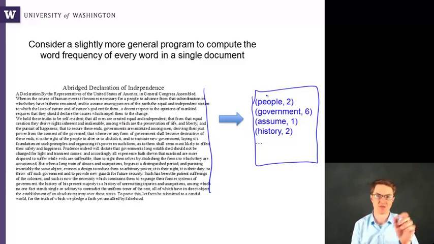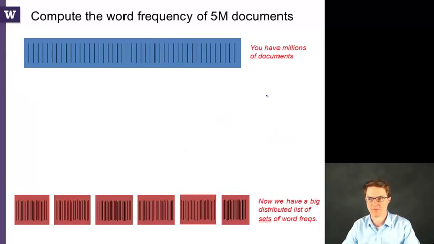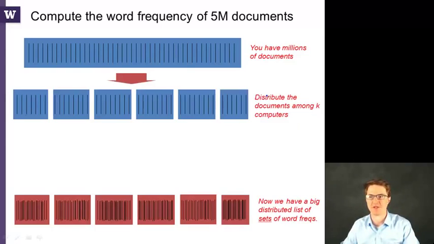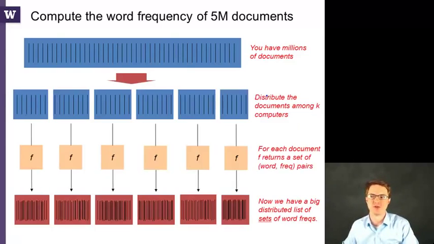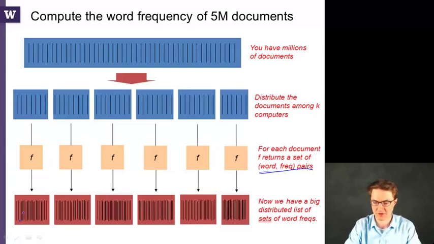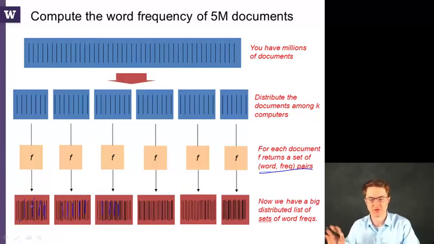Now we're taking a single document and producing many items. I just want to make it clear that that's allowed. So you have millions of documents. You distribute them again. Now your function returns a set of word frequency pairs, but that's okay. And now we have lots of little lines here, each line representing a single word, let's say. So they're not one-to-one anymore, but that's no problem. The function just returns a set of things.